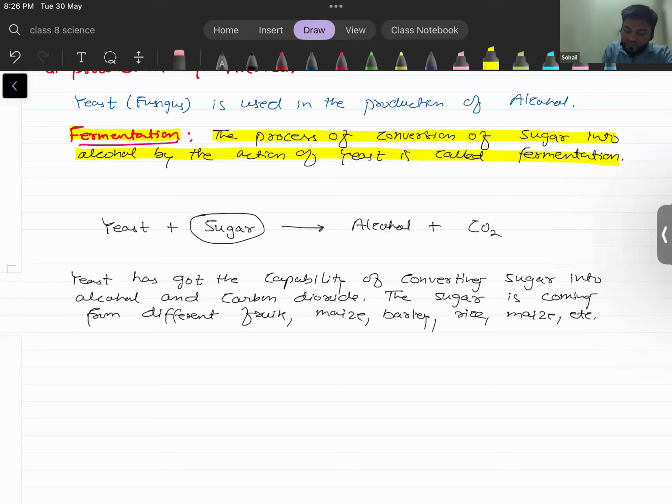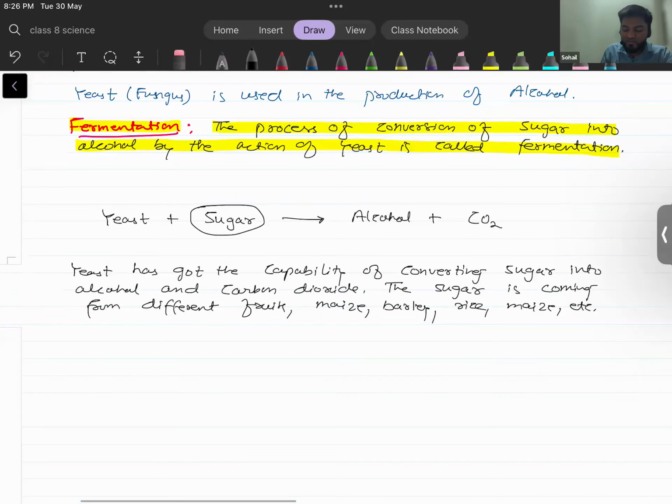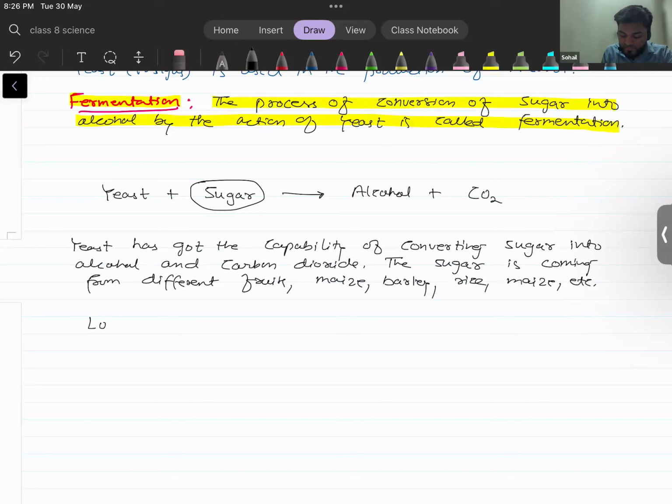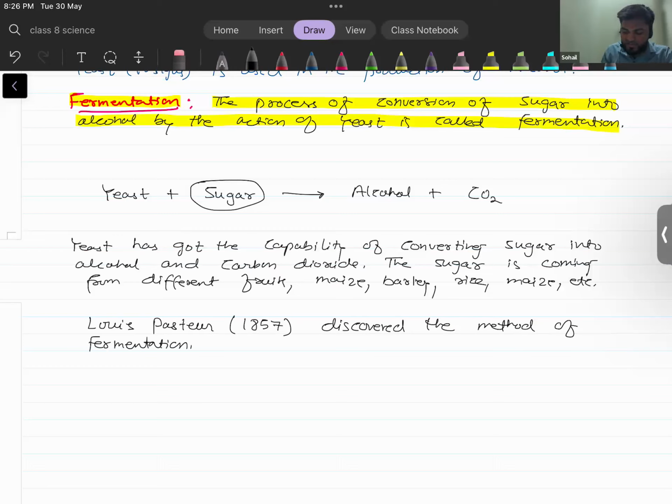So if someone asks you who discovered the method of formation of alcohol by fermentation, you will say it was Louis Pasteur in the year 1857.